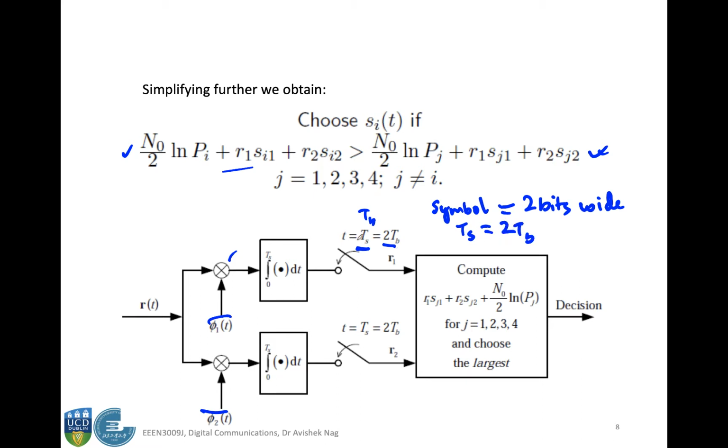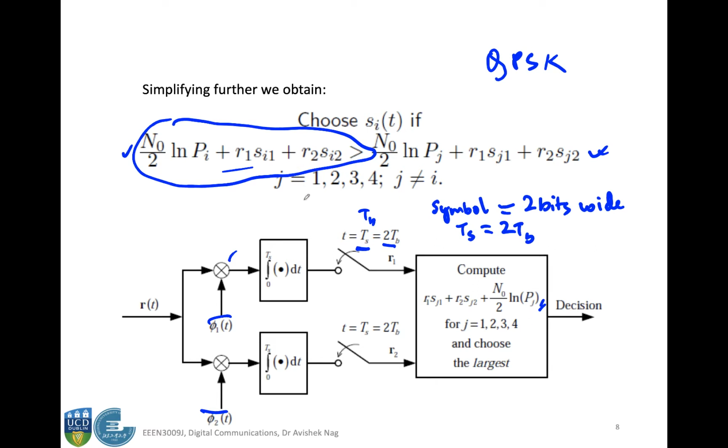Since you are doing QPSK, you are sending 2 bits at a time with 4 possible signals. So you are sampling every 2 Tb seconds, or every Ts seconds, and then you are computing these terms, and you choose whichever is the largest.